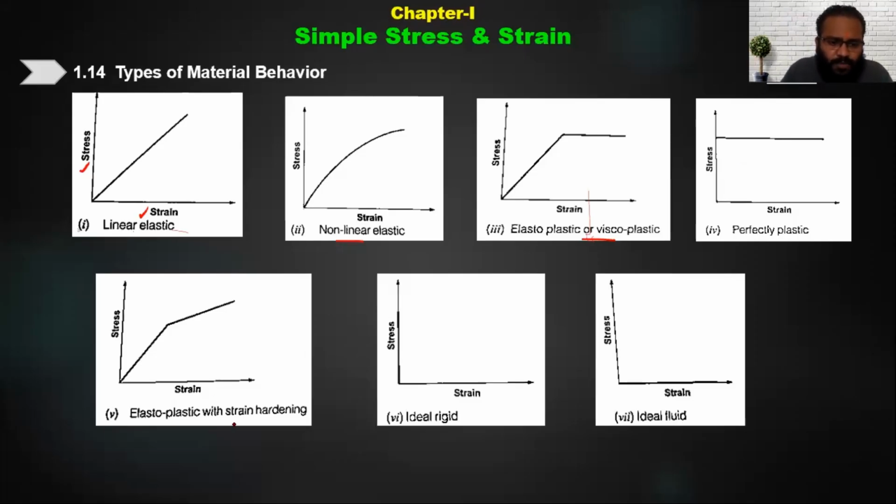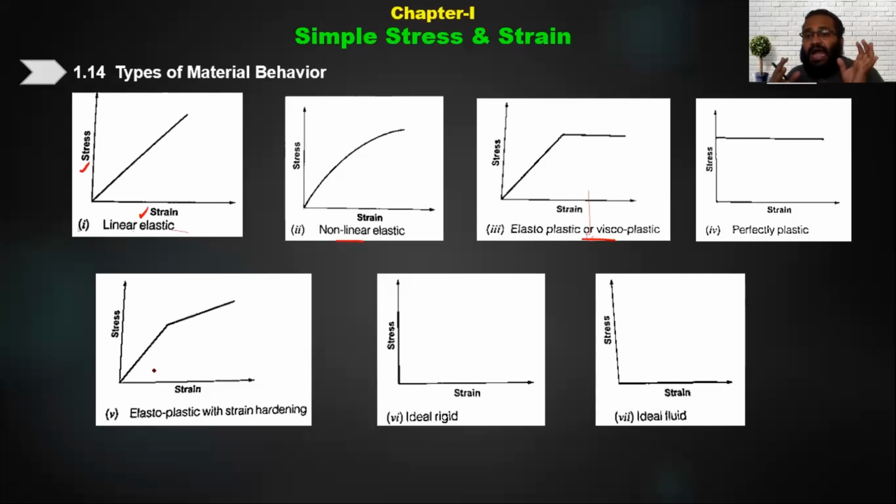Then we have elastoplastic with strain hardening. Now in some of the alloys we see that initially their grain structure, if we deform it, you will be again studying this in detail in your MSM subject, that is material science, where you will understand how we can change the elastic properties of a material, what are the different properties.